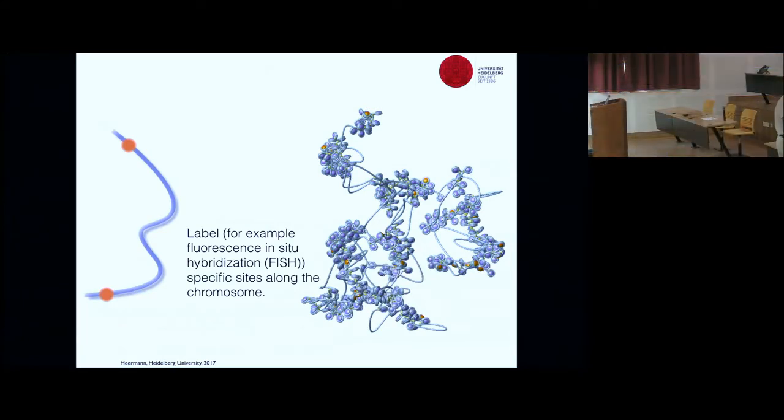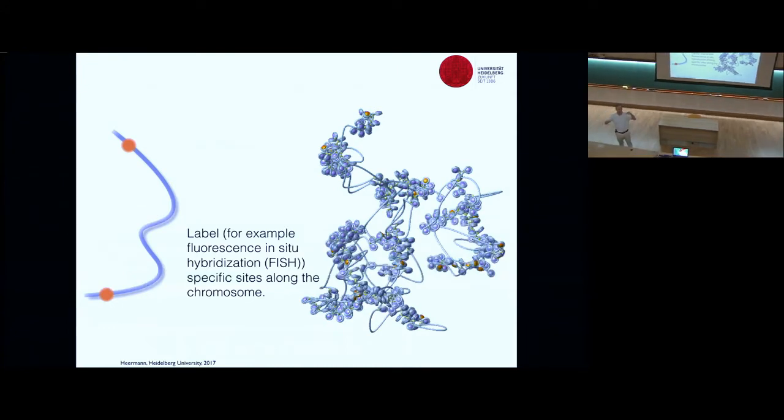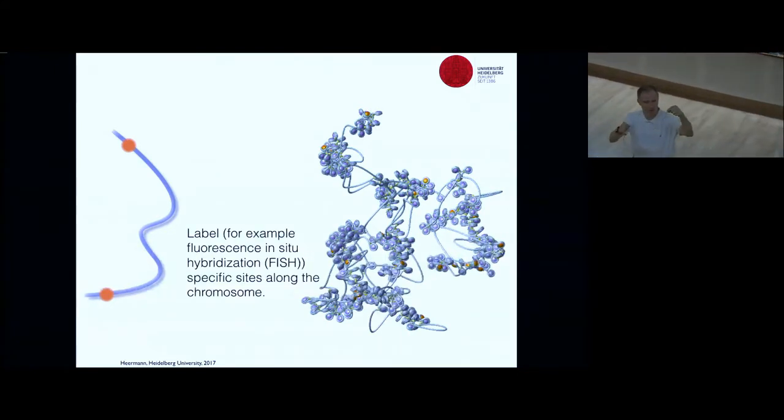Well, luckily I do have some DNA with me, and here's my DNA. And the question is, if the whole thing were completely random, the kind of experiment you would be doing is you fix a label here, you fix a label here, and then as a function of this genomic distance or the contour length, you would ask what is the physical distance between these two points.